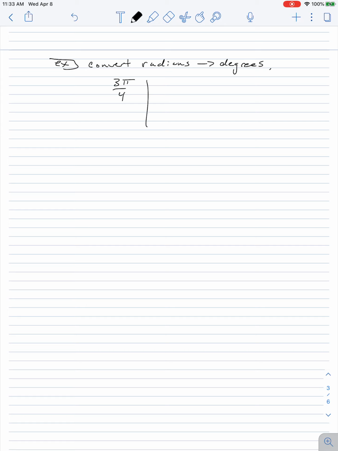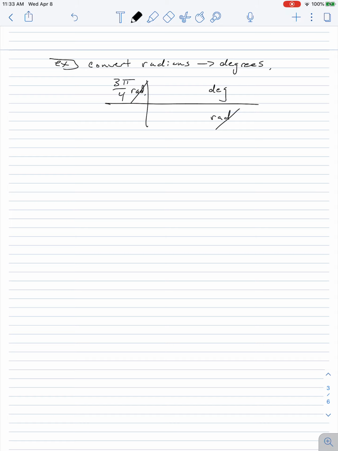The way you do that is you multiply. It's actually a unit conversion if you've taken chemistry. This is 3 pi over 4, it's in radians. So I want to put radians down here and degrees up here so that these guys cancel off. If you've not taken chemistry, don't worry about it. I'll give you the formula here, but I just want to make that connection if you have.